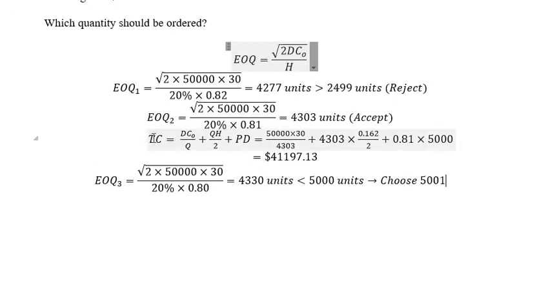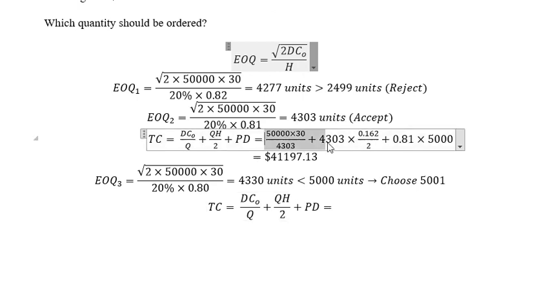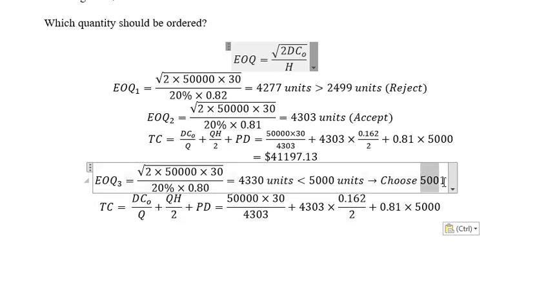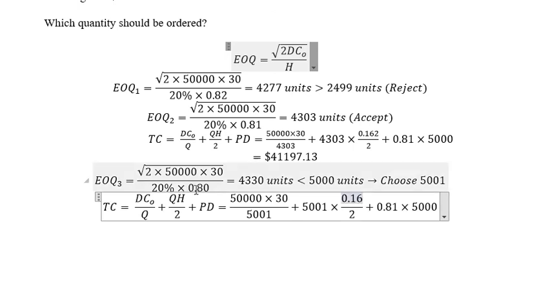And now we put the total cost again. 50,000 multiplied with 30, then we divide by 5,001 for this one. This one we change to 0.16, that's about 0.8 multiplied with 20%, that's why you got about 0.16.